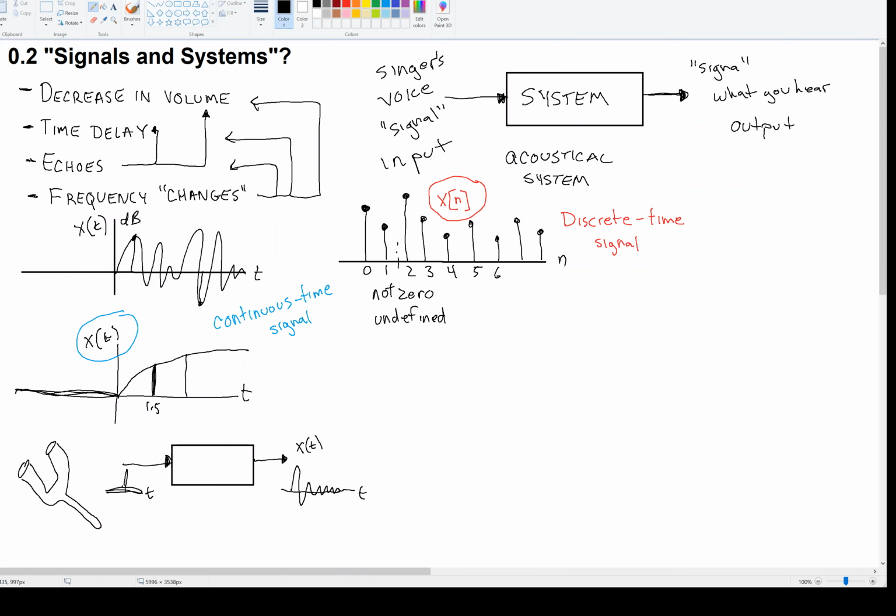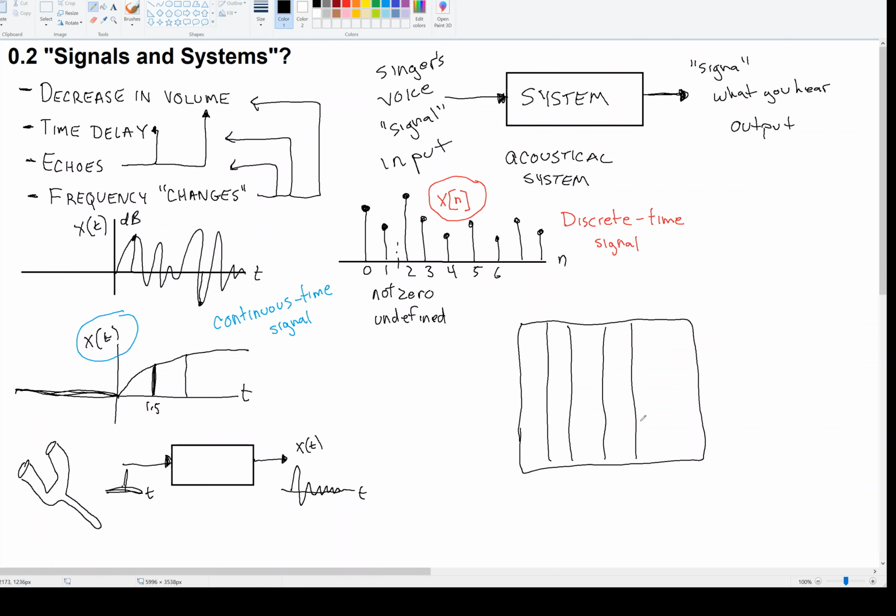I actually want to give you another example of a discrete time signal, one that's a little bit different. Any sort of display, a television, a monitor, a cell phone, has an array of pixels. These pixels are discretely located. There's nothing in between the pixels.